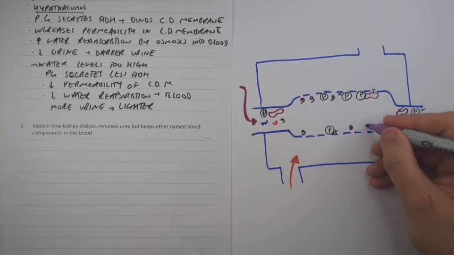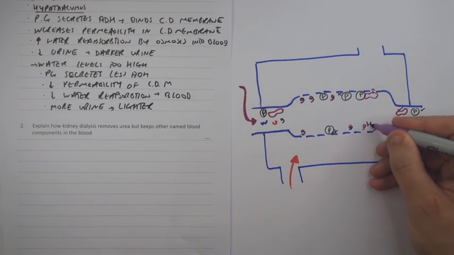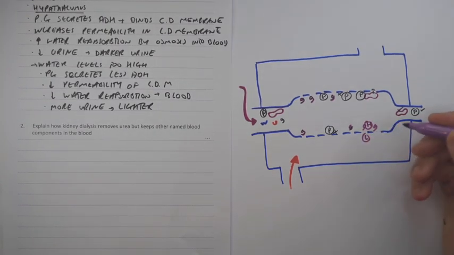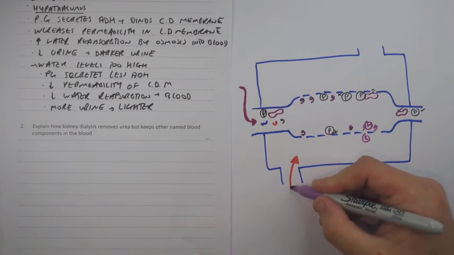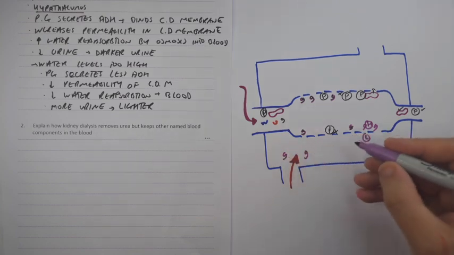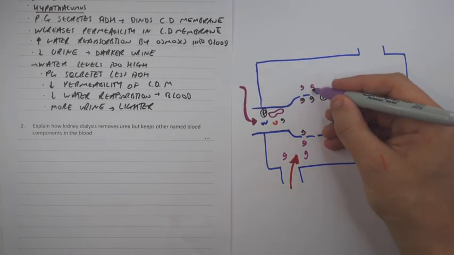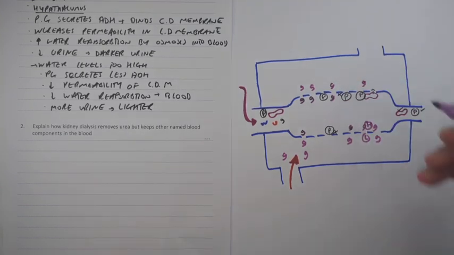The last thing we need is this glucose to diffuse from a high to low concentration. So how do we prevent that? Well, in this kidney dialysis fluid here, it needs to have the same glucose concentration as the patient's blood.